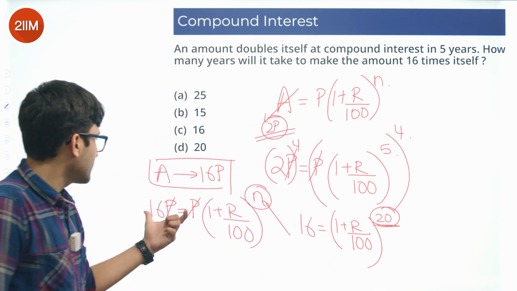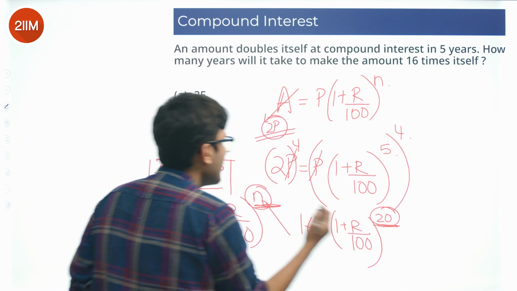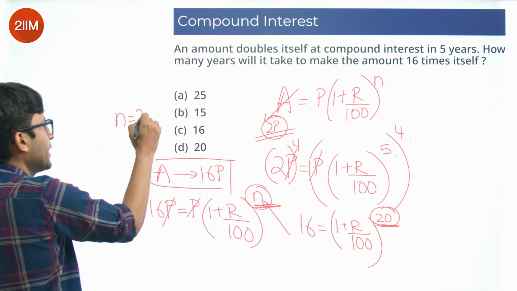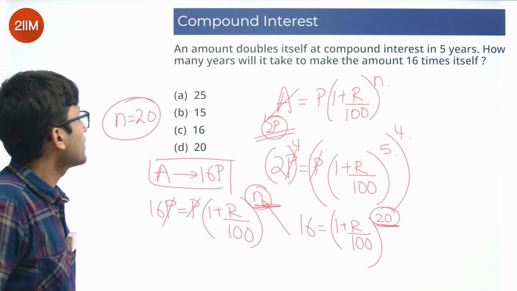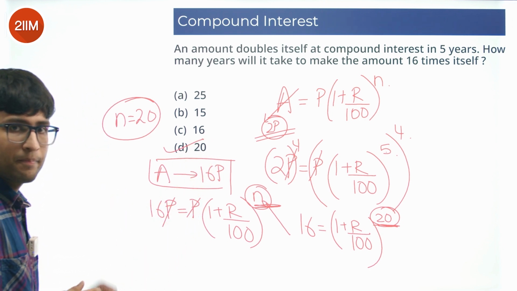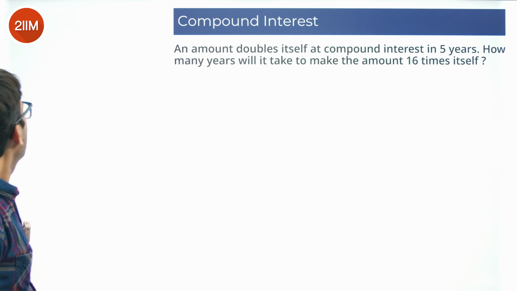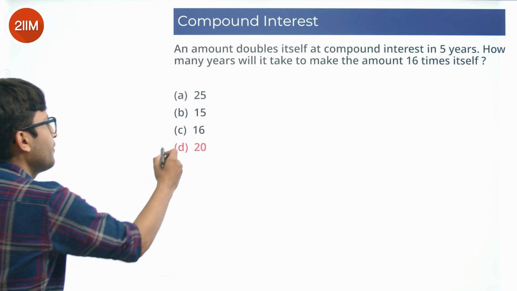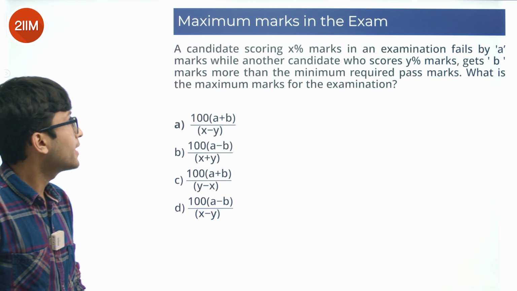Now this equation and this equation are equivalent, and I am getting n as equal to 20. So my answer for the value of n, the number of years taken, is 20 years. Let's continue. Yes, we got our answer right. 20 is my answer. Okay, next question.